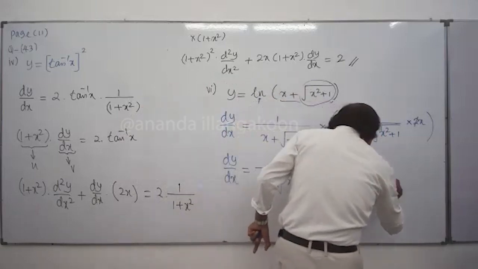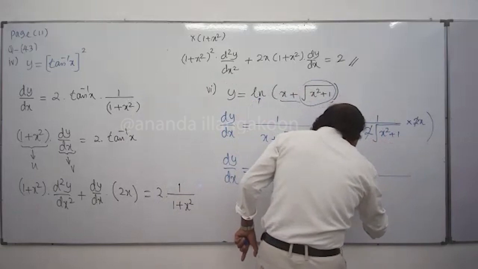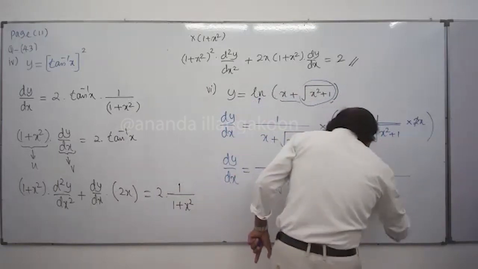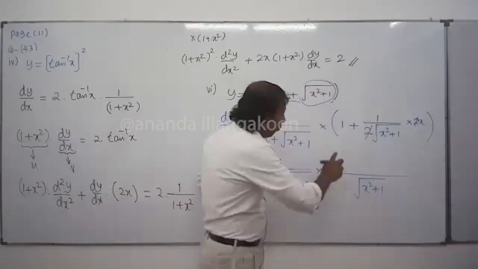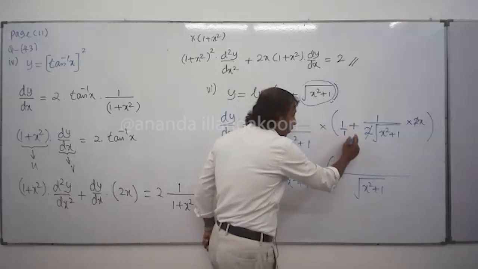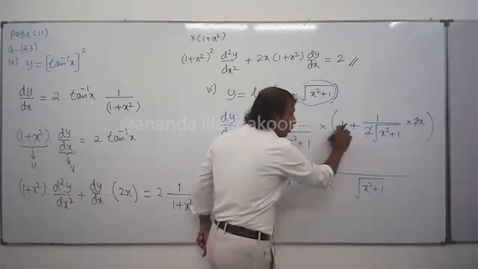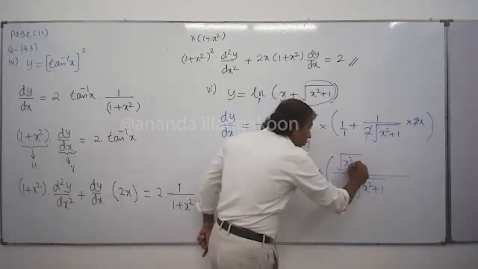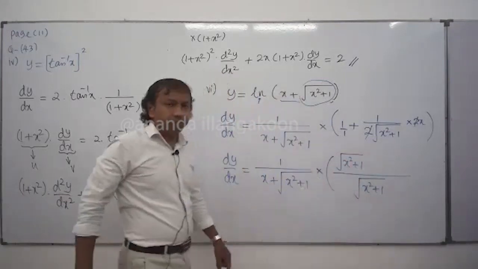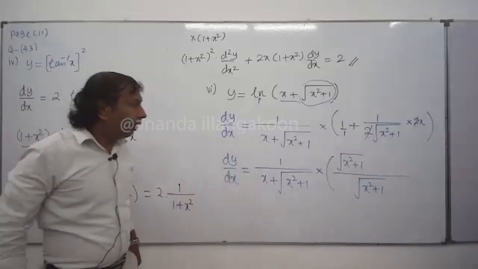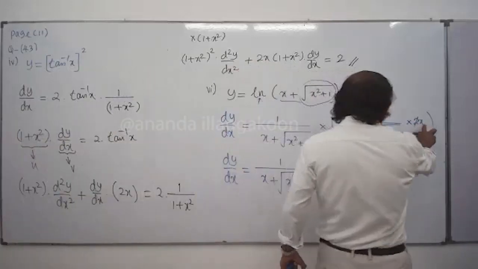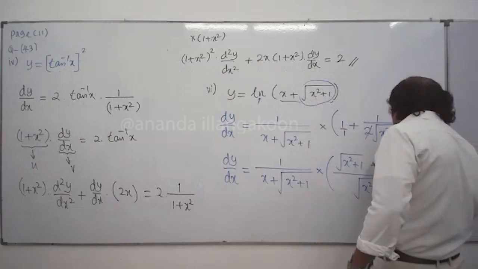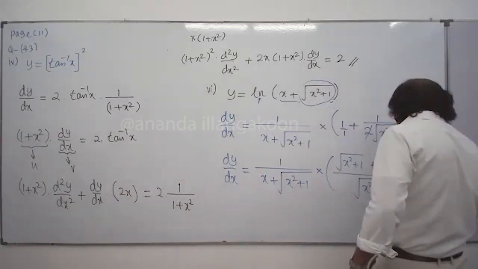What I am trying to tell you, people, this root of x squared plus 1, I am going to take as the common denominator. This 1 means 1 upon 1. Once you take this common denominator, this 1 should be multiplied by root x squared plus 1. Understood? And people, now here we have x and this 1 means x. When you multiply them, we get x.